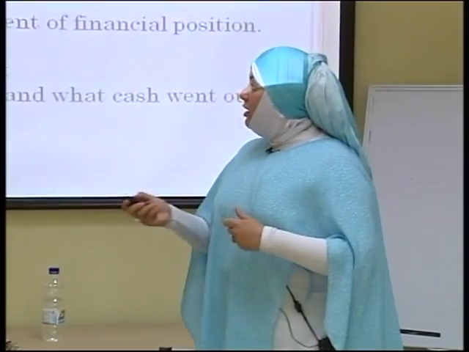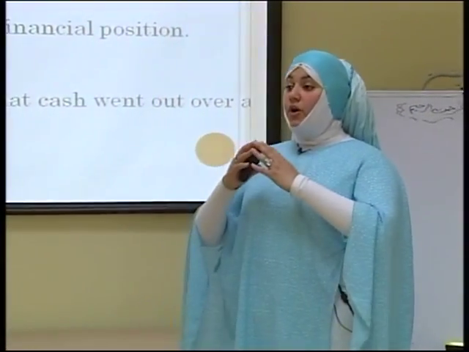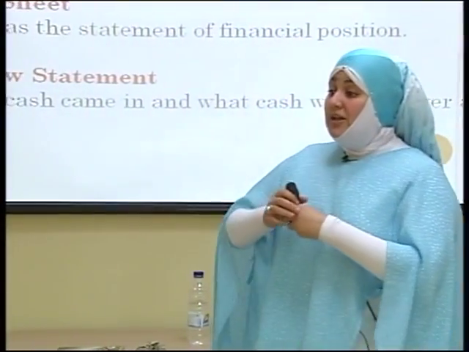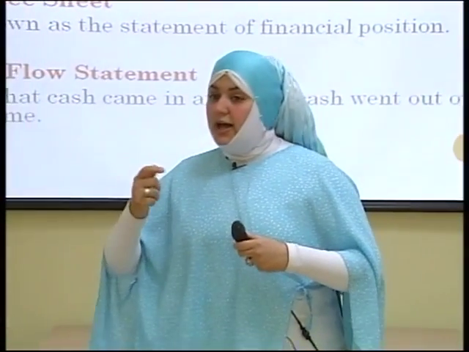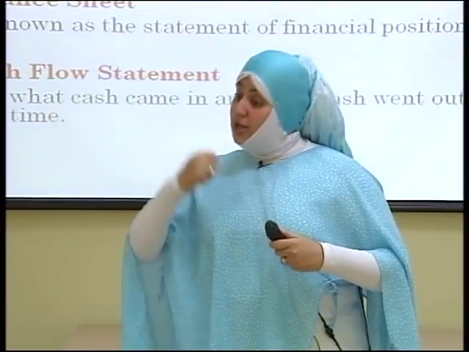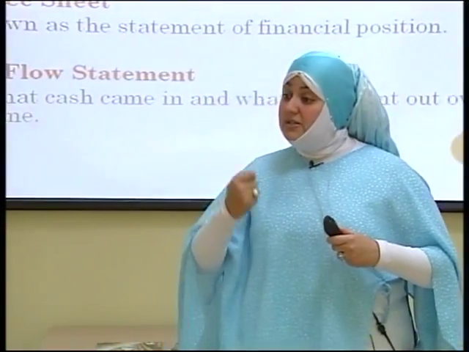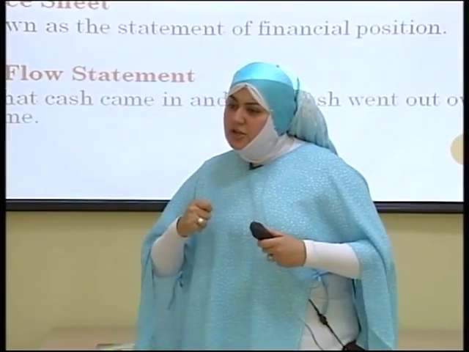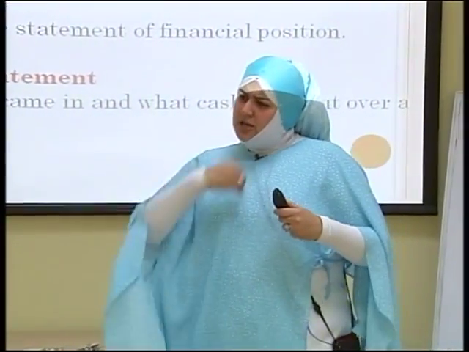So when I say that it shows the cash in and cash out, what do you mean by cash in and cash out? When does a business get cash in, and when does a business get cash out? Can you give me an example when a company gets cash in?